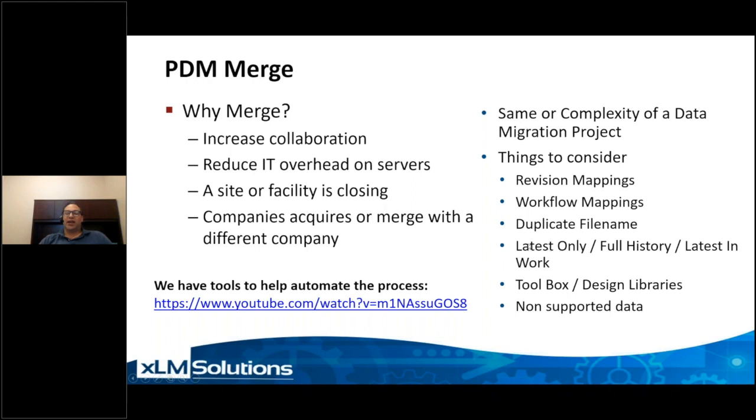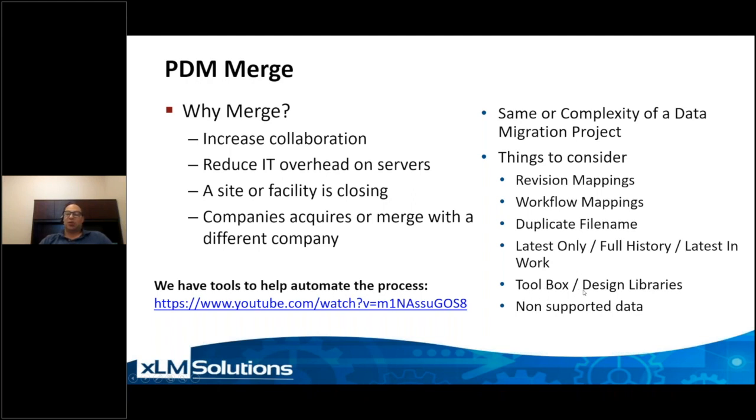When you're loading the data, you're going to want to load latest only, full history, or latest in work plus only released. So there's different histories that we can migrate in. Understand the toolbox. If toolbox is being used, are they using the same toolboxes, or do you have one site customize the toolbox versus the other site using a different set of toolbox files?